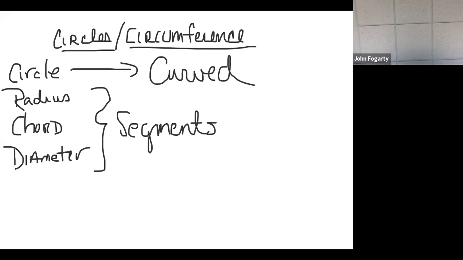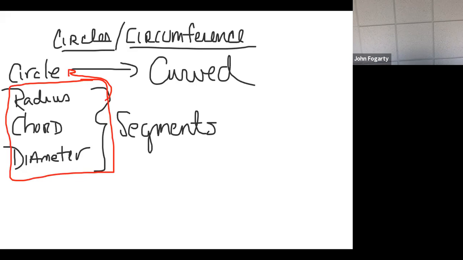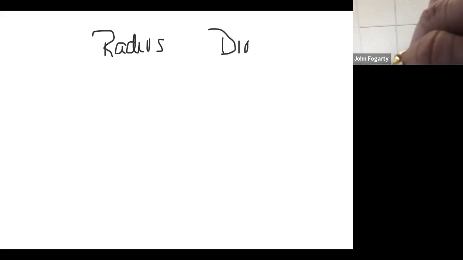So first thing we need to understand is we're going to use these things to help us measure these things, okay? First, there's a relationship between a radius and a diameter.